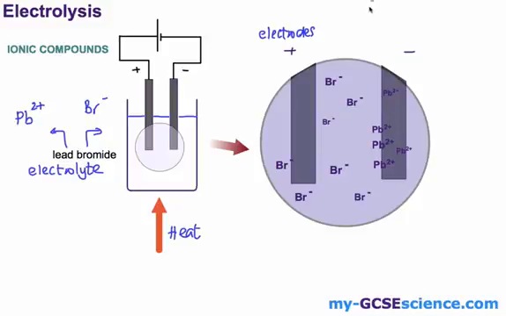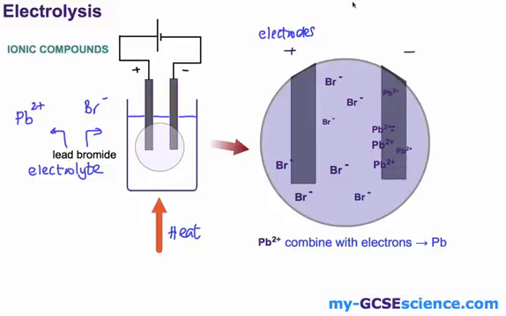Electricity is the flow of electrons, so as the electricity flows, the electrons provide what is needed to balance out these ions and make them into atoms. So this ion here has collected two electrons and balanced out the ion and made it into an atom. What happens at the negative electrode is that the lead ions combine with electrons to produce the lead atom. In actual fact, it will then produce lead metal on this electrode.